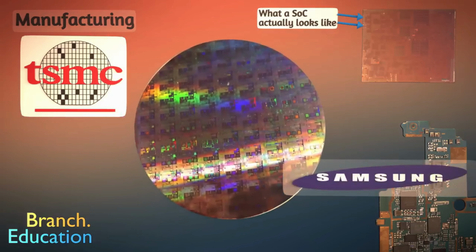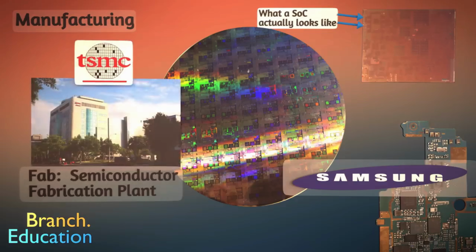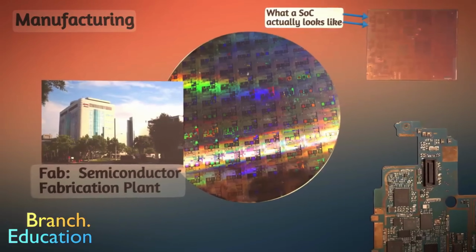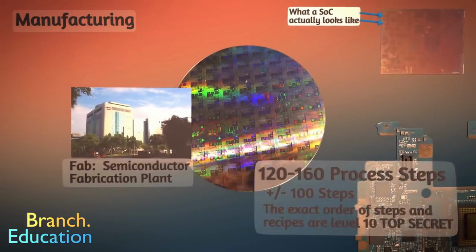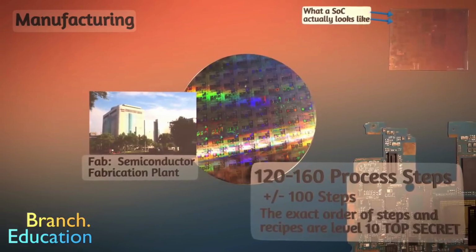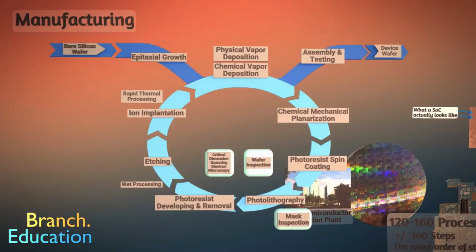These microchips are manufactured on 300mm wide silicon wafers in factories called fabs. In order to manufacture an array of chips, the silicon wafer has to go through a series of 120 to 160 processes, or steps, performed by dozens of different machines. This is the most common sequence of steps for manufacturing microchips.